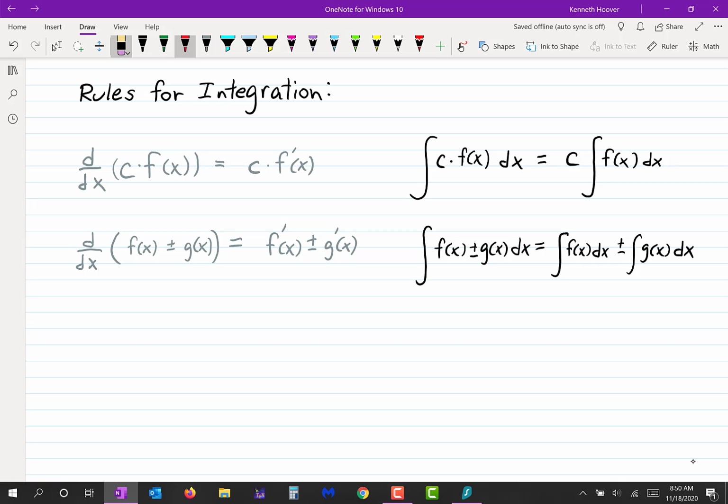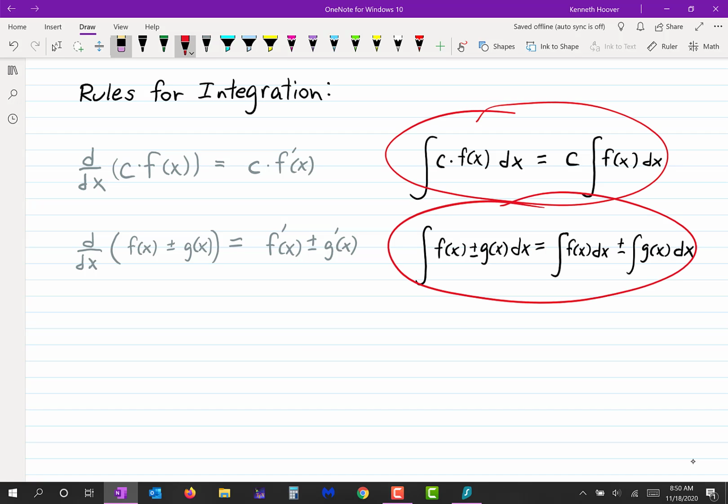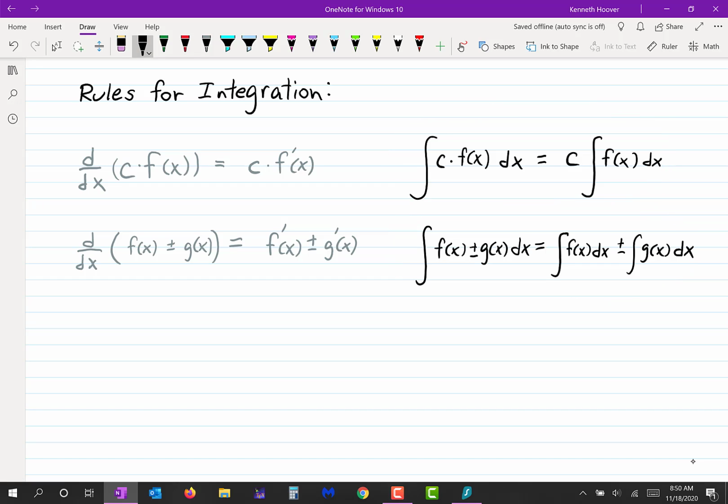Now we can put both of these rules together, which people often do in textbooks. They put them together and they write this. The integral of, I'm going to write two constants this time. Let's call the constants a and b, okay?